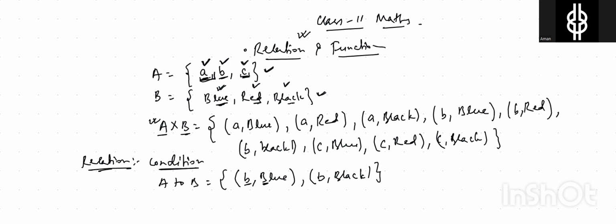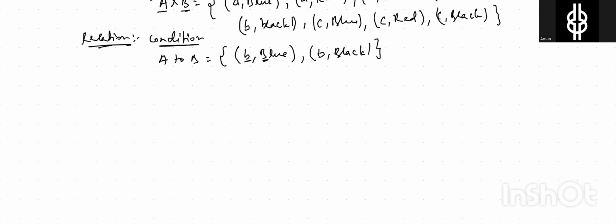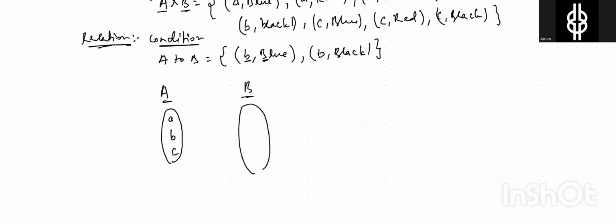Say there is this set A and there is set B. A has three elements, A, B, and C, and B also has three elements: blue, red, black, three names of colors.